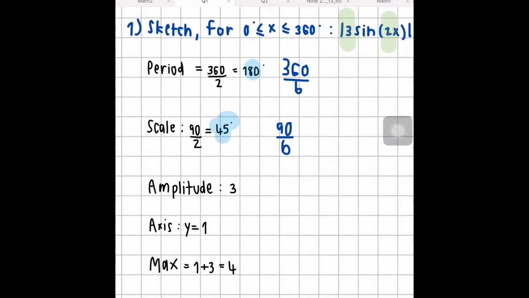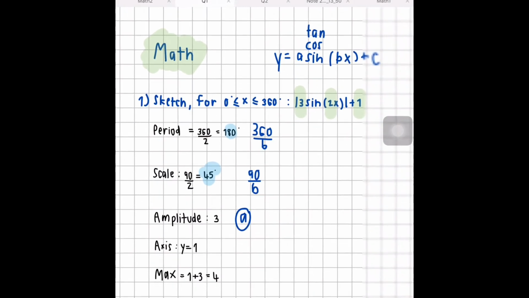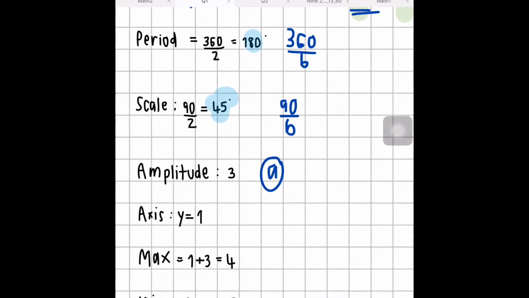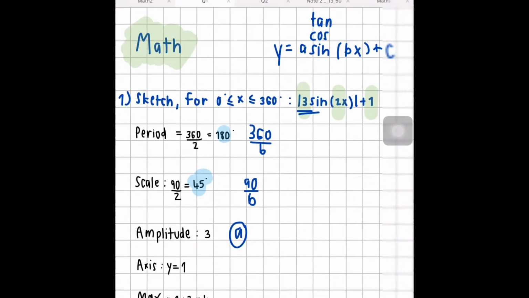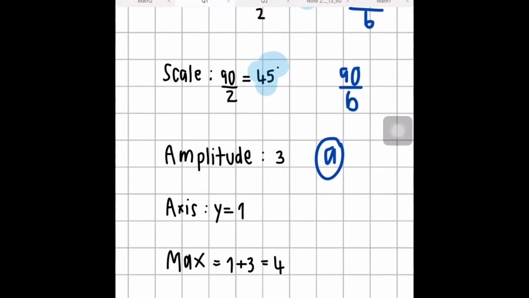For amplitude, our amplitude is in the A form. In this equation, A is equal to 3, so our amplitude is 3. To find the axis, our axis is C. What is C? C is 1 in this case. But don't forget to put y equal to, because it is an axis. So in this case, y is equal to 1.